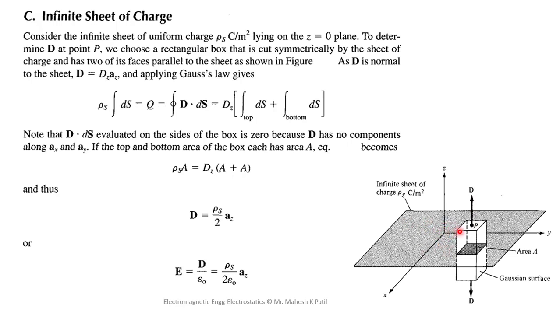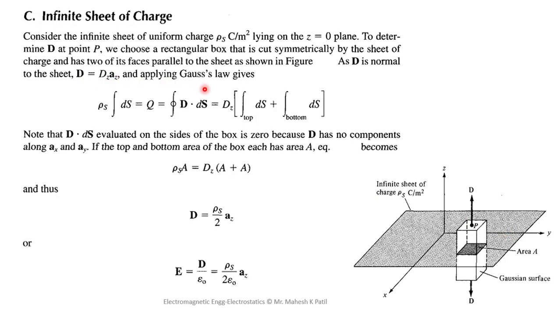So we choose a rectangular box that is cut symmetrically by the sheet of charge and has two of its faces parallel to the given sheet of charge, as shown in this figure. As capital D is normal to this charge sheet, it can be written as D equal to Dz az.